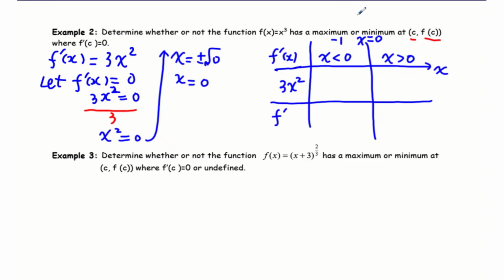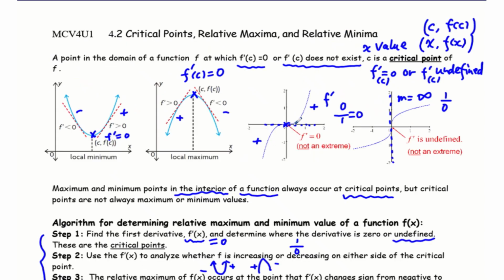We just pick a random number. You could pick negative 100, or negative 1. Put it here: 3 times negative 1 squared gives you positive. So the whole derivative is positive. And here we take positive 1, substitute, and it is positive. So you will see the graph is increasing, increasing. If both are increasing, it will be something like this. Both positive.